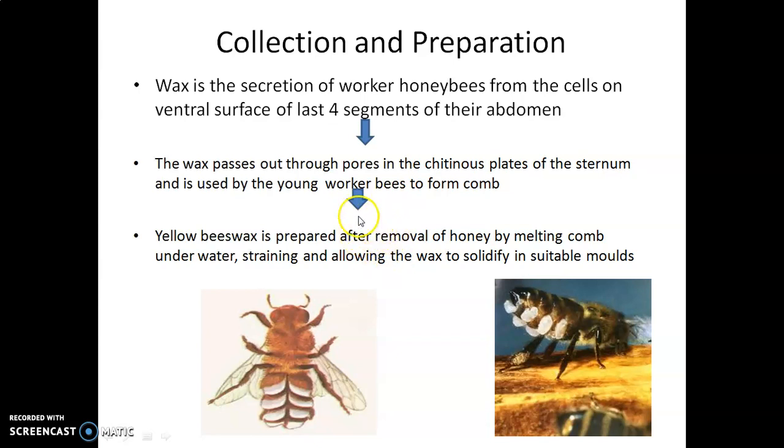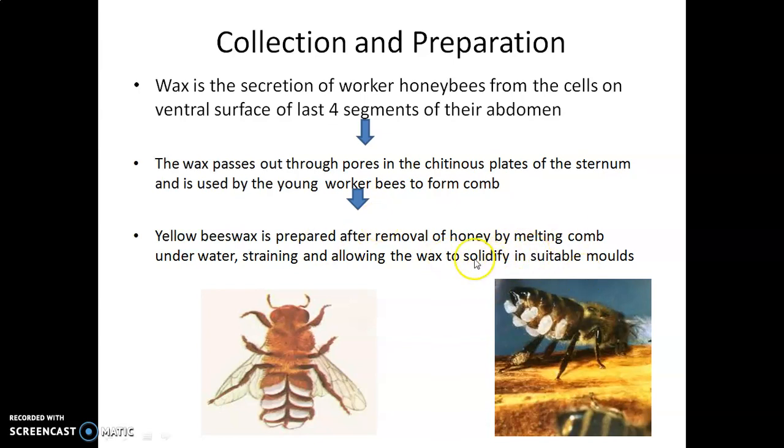For the collection and preparation, yellow beeswax is prepared after removal of the honey by melting the comb under water, with residual honey dissolving in the water and solid impurities sinking, then straining and allowing the wax to solidify in a suitable mold.